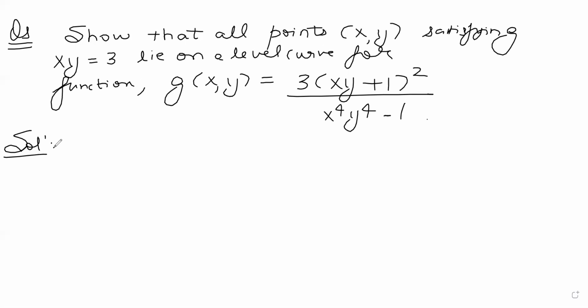So we need to show that all the points x comma y such that x into y is 3 lie on a level curve for the given function.